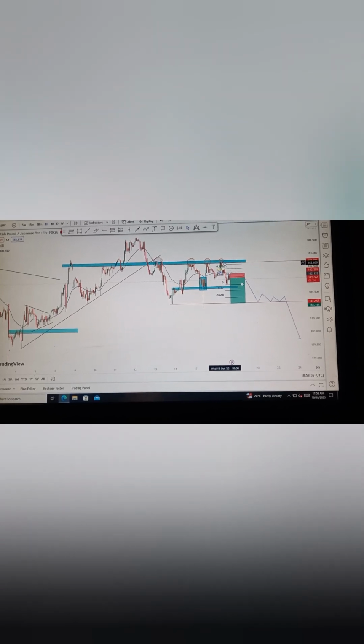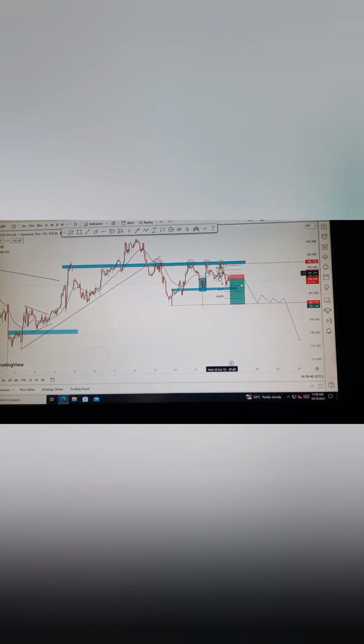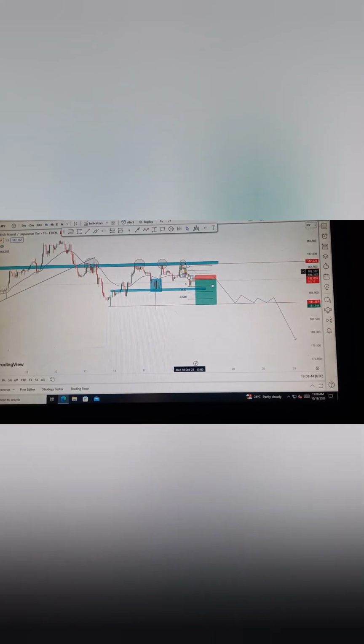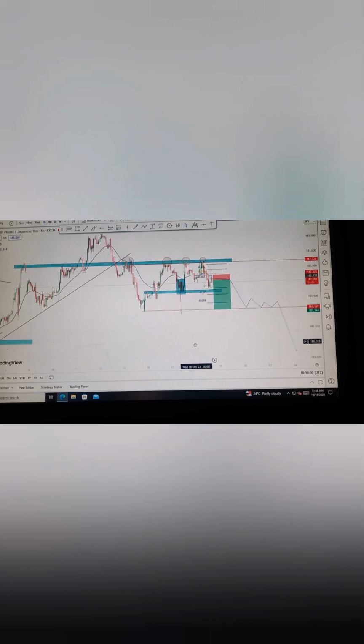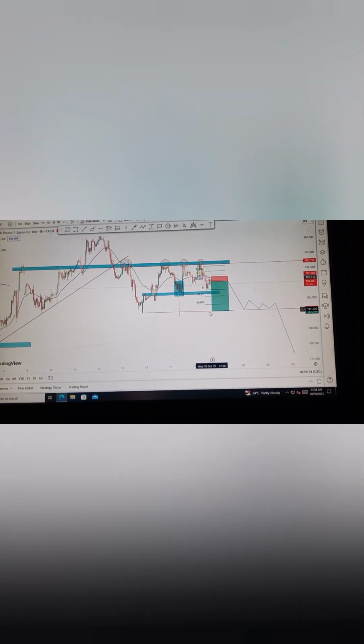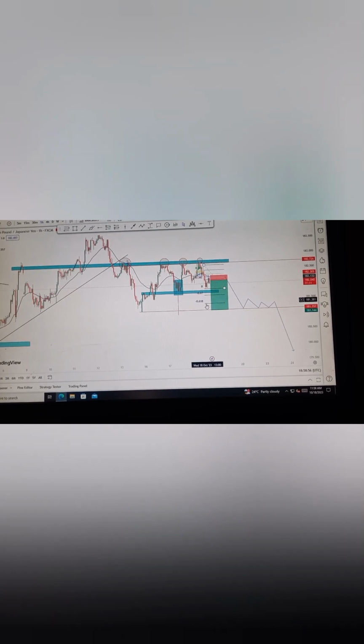We actually got the entry here this morning, but we got stopped out with a tight stop loss. And then we got the entry earlier here by the break of the moving averages, but we're anticipating this move to come up till here, as you can see by the extension 618.